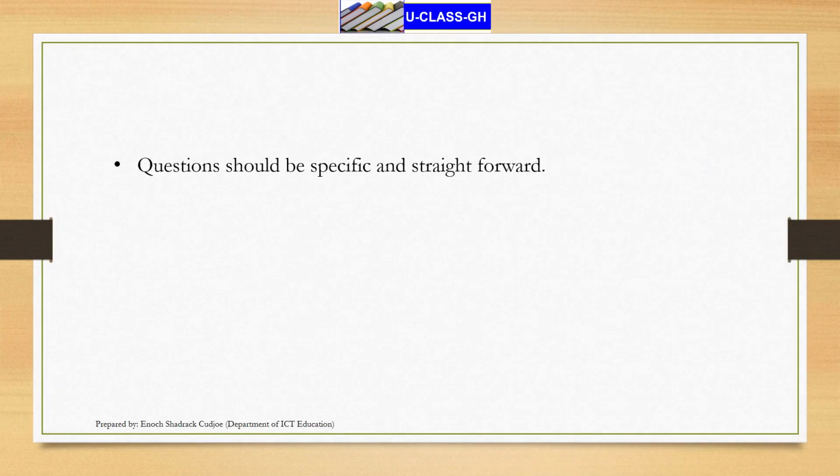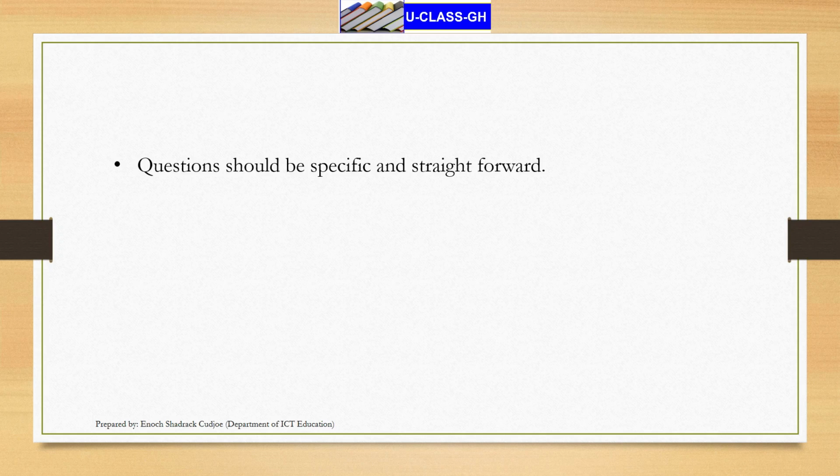Another point is that the questions should be specific and straightforward. This is so because when they are new to the platform, some of them tend to hold back. When a question is ambiguous, they don't know whether by answering it they are crossing some boundaries, or going beyond what is expected of them.